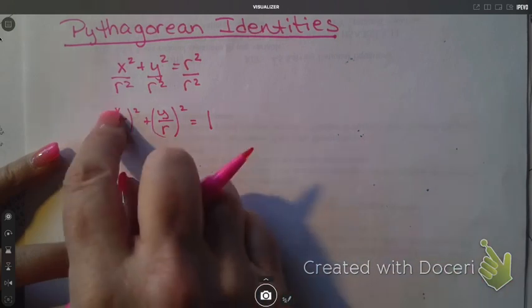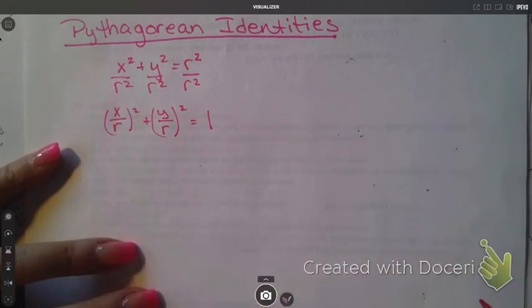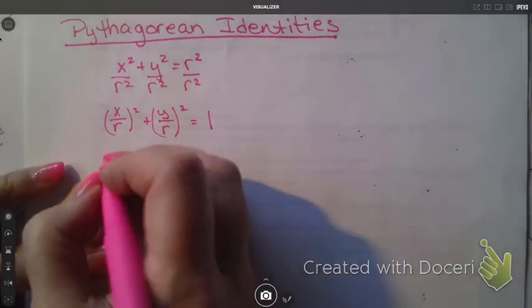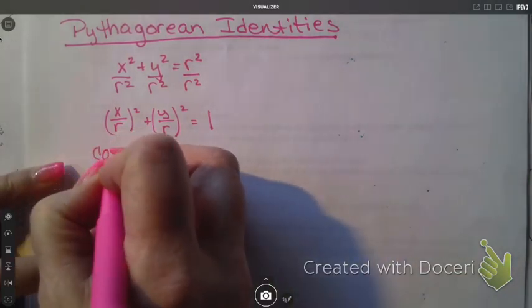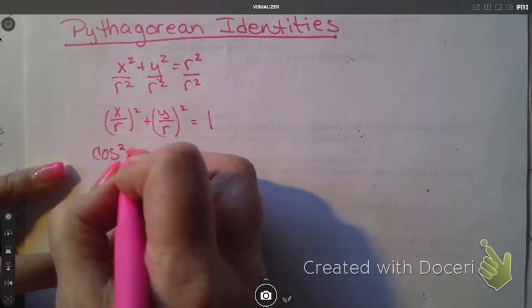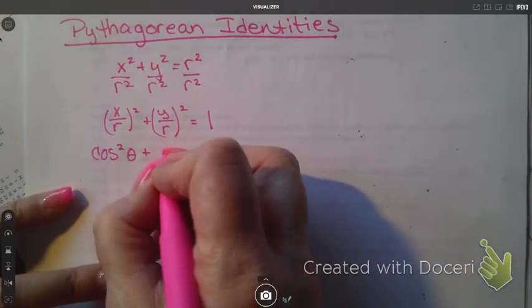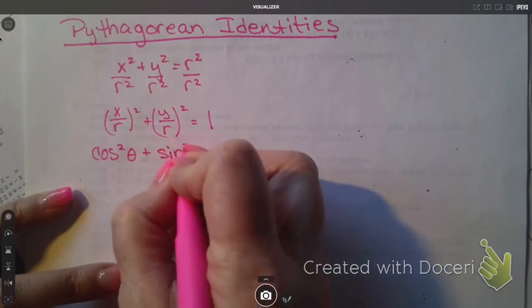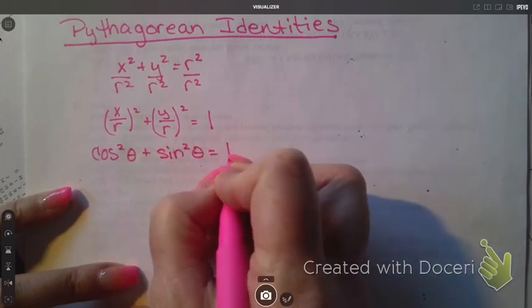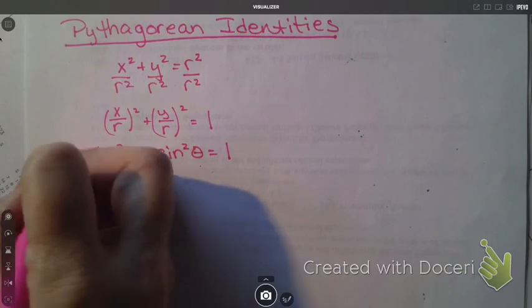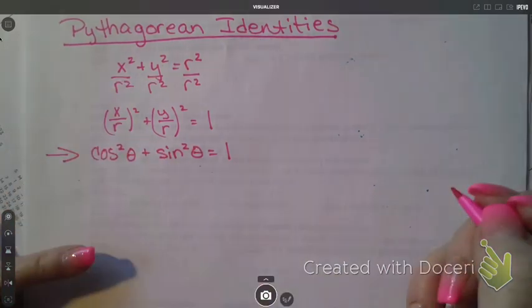Well, what is x over r? Cosine. So it's cosine squared. What's y over r? Sine, squared. So your first Pythagorean identity is cosine squared plus sine squared equals 1.